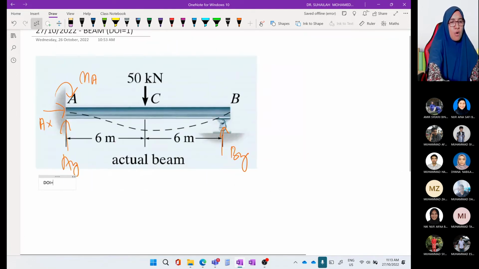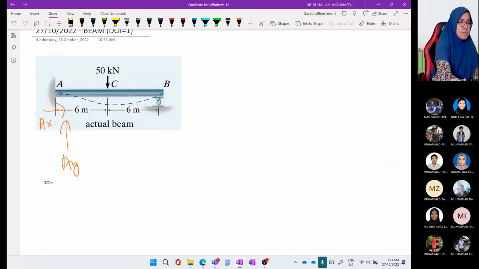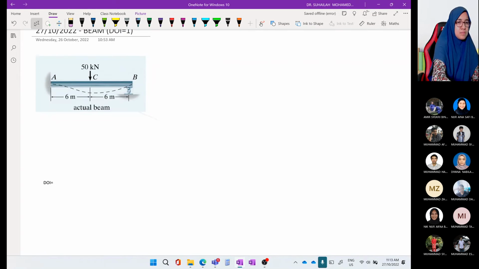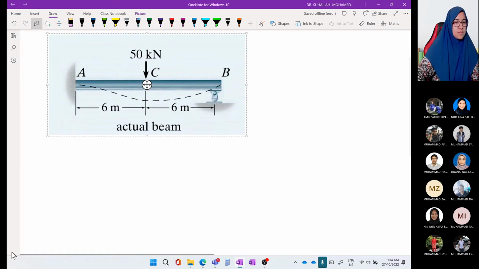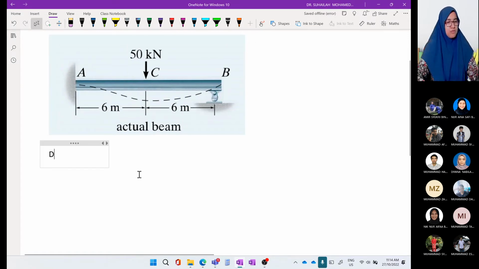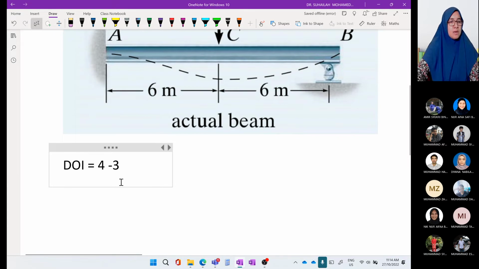There are 4 unknown reactions, so the degree of indeterminacy equals 4 minus 3. 4 is the unknown reactions, and 3 refers to the 3 reactions that can be solved using equilibrium equations.